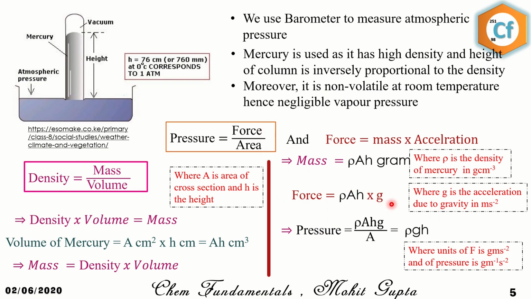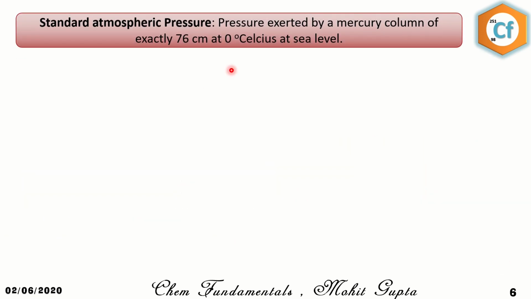If I substitute the value of force here, what I'll get is rho A H G divided by A. Since A is the area of cross section, on division we'll get rho G H, and the unit of pressure would be gram per meter per second square. So now the pressure exerted by the mercury column of exactly 76 centimeter at 0 degrees Celsius at sea level would be considered as standard atmospheric pressure, which is equal to 1 atm. So at 1 atm, the height of the mercury is 76 centimeter or 760 mm.